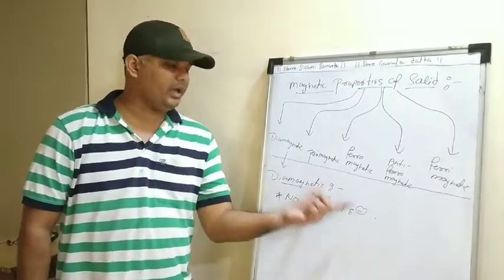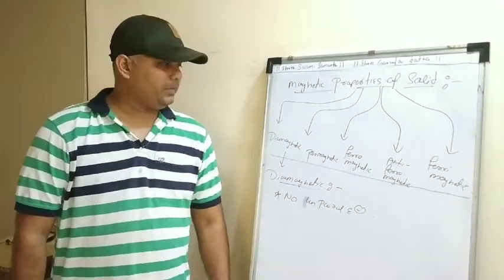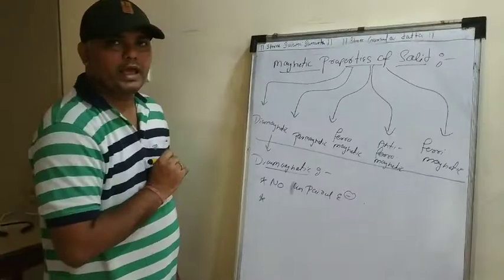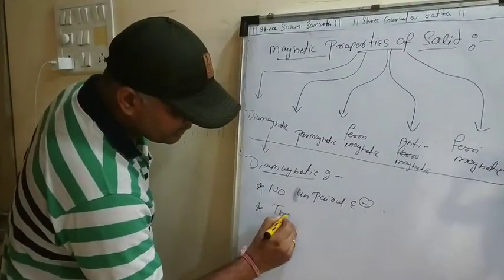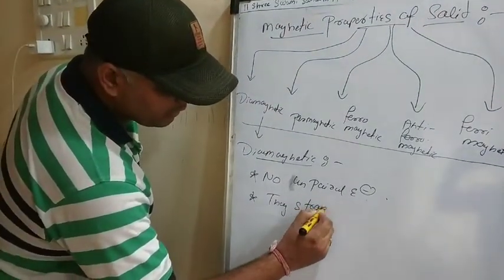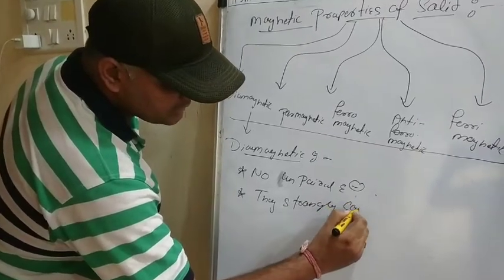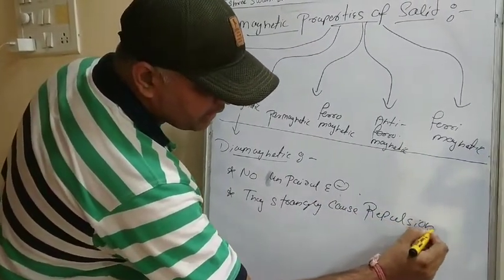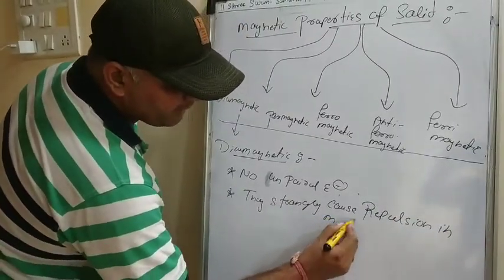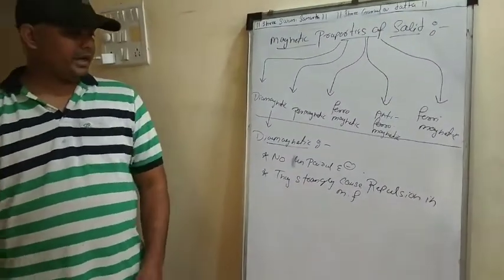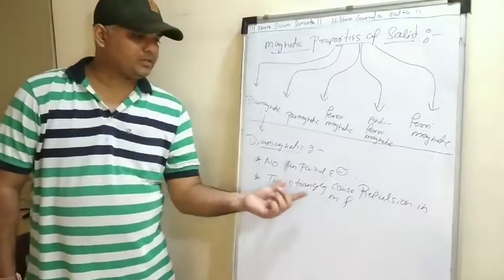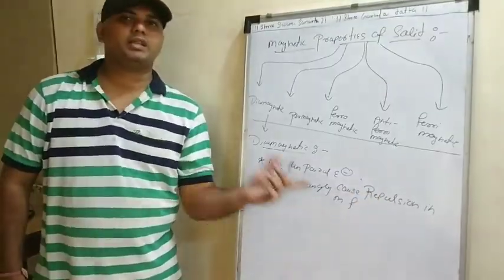That is said to be the diamagnetic solid, right? Then we can say that they strongly cause repulsion in a magnetic field. It does not contain the unpaired electron, so they strongly cause a repulsion in the magnetic field.